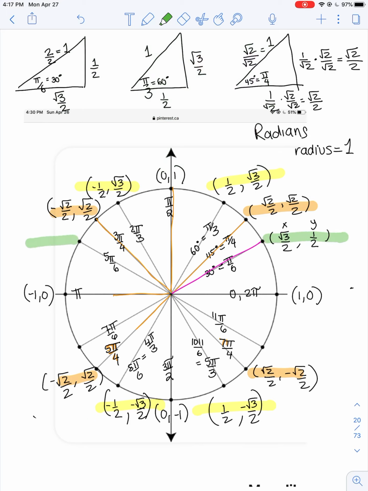And let's continue on. Now let's look at this, the 30-degree one, all the pi over 6's. So anything with a pi over 6 will be the same. They'll be reflections of each other. So for this one, we're going to have the x being negative and the y being positive. In the third quadrant, we have both of them being negative.